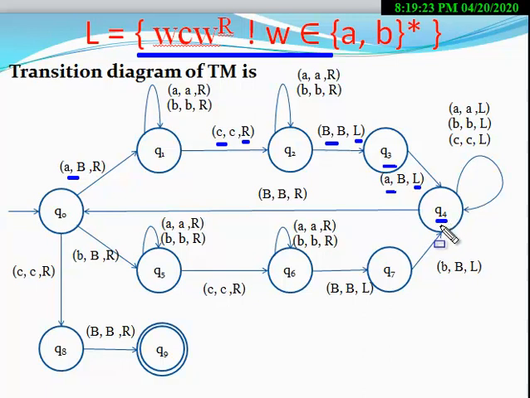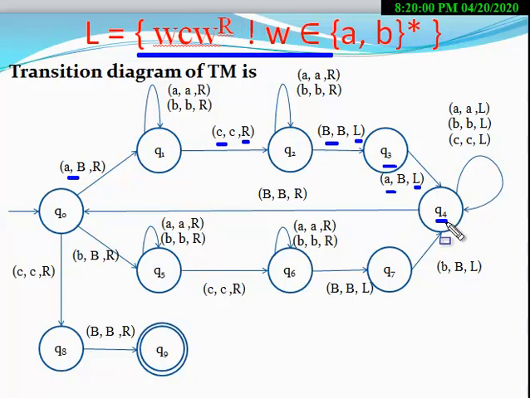Now, at the state Q4, the machine only moves in the left direction, right? It will move in the left direction until it finds the tape symbol capital B, that is, until it finds the blank symbol.